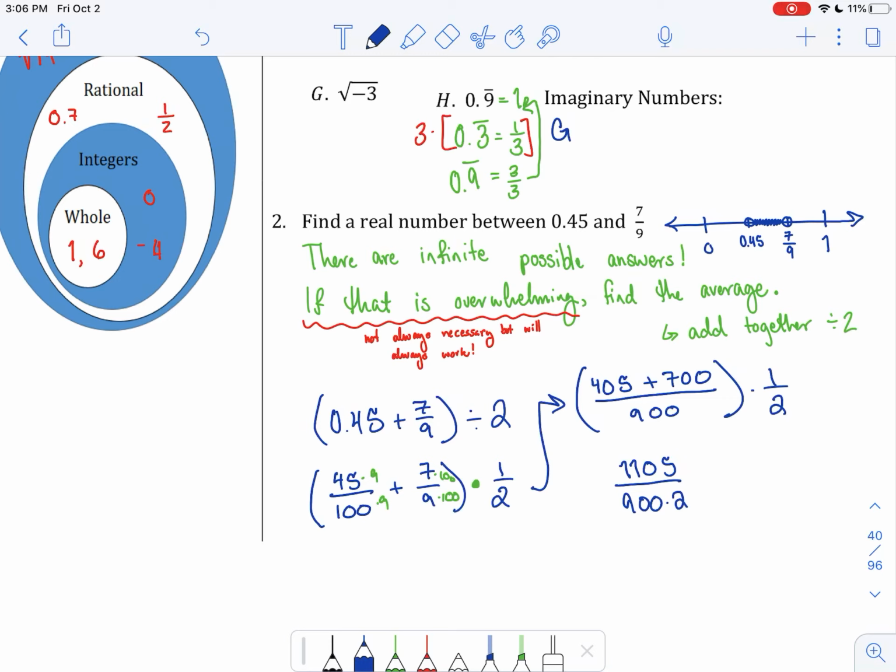And I'm going to simplify by 5 in both the numerator and the denominator. And so we end up with 221 divided by 900 divided by 5 is 180 times 2. So my final answer would be 221 over 360. Now, finding the average, again, is not always necessary, but it will always work.